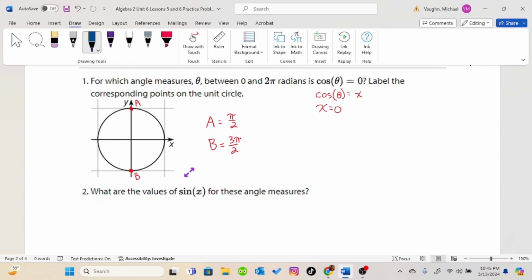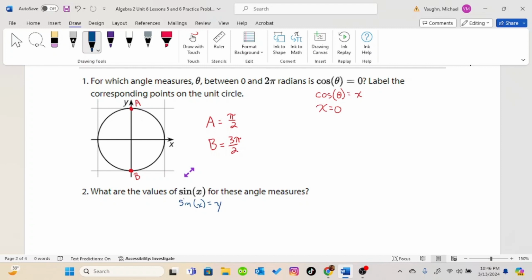Number 2. What are the values of sine of x for these angle measurements? So you have to remember that sine of x is equal to the y value.